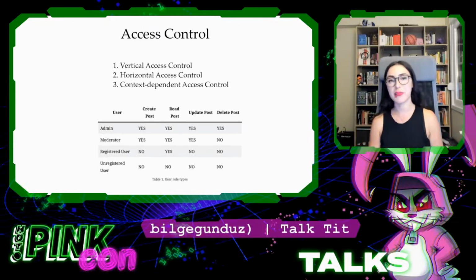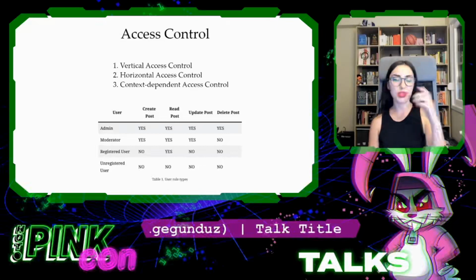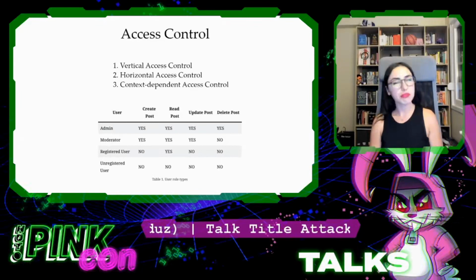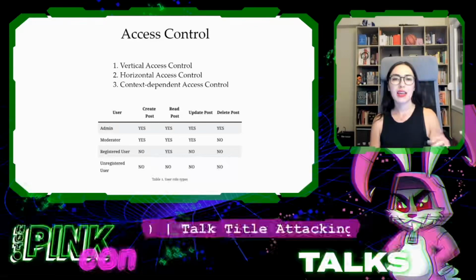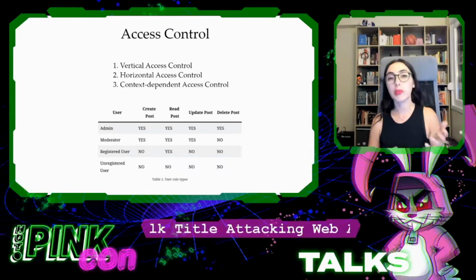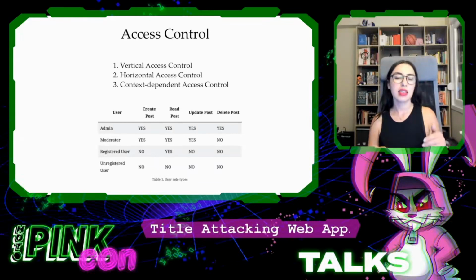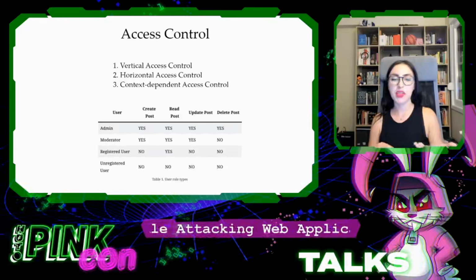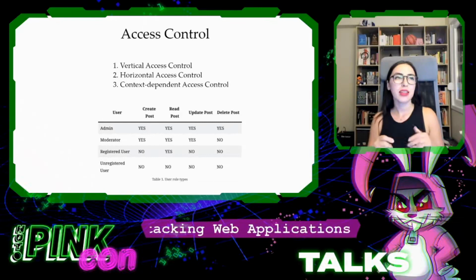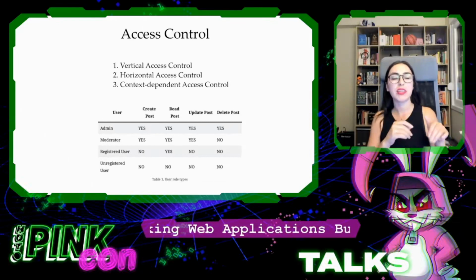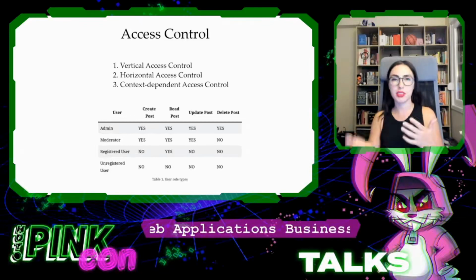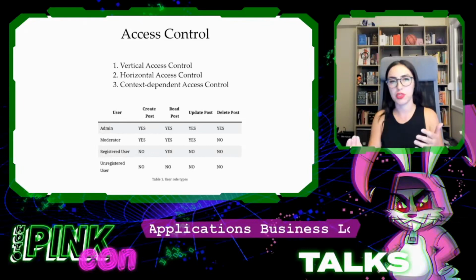So what about context-dependent access control? It aims to control the restrictions specified for the user itself. For example, let's say that user A bought a book on our website, and then user A paid the cost of the book, and then entered the address information, and our e-commerce site ships this book to user A's address.